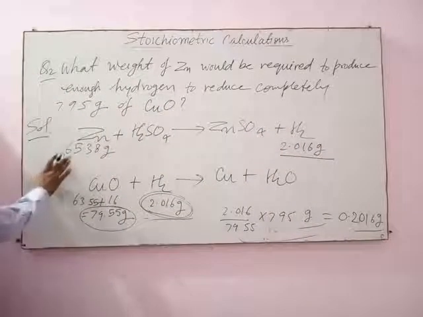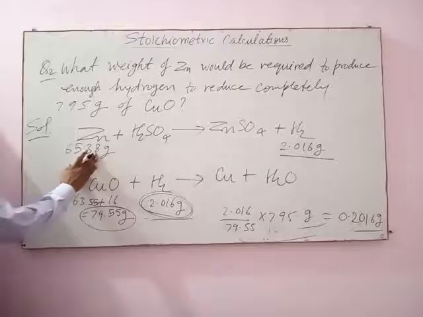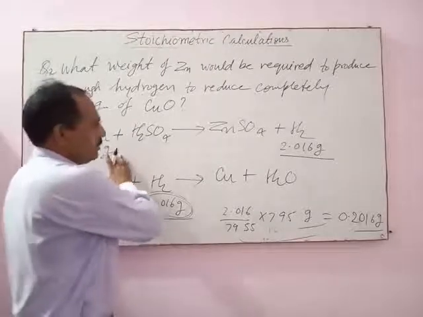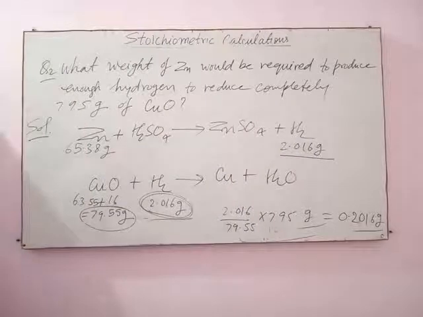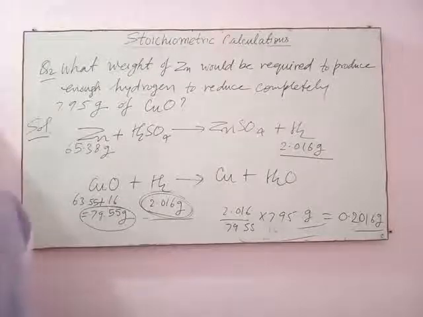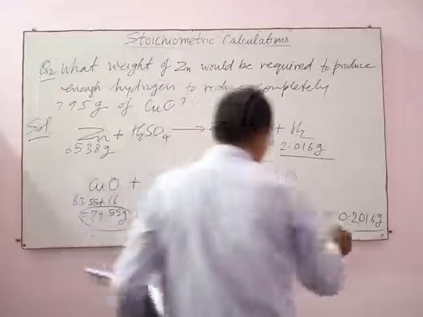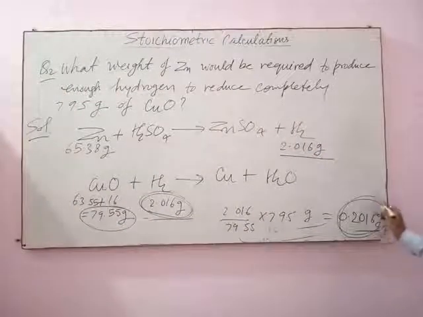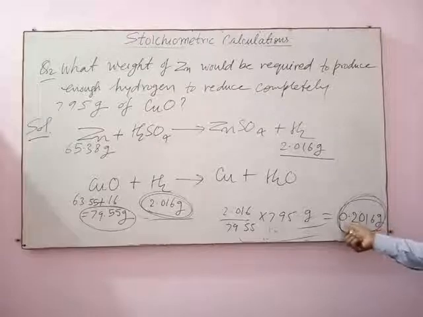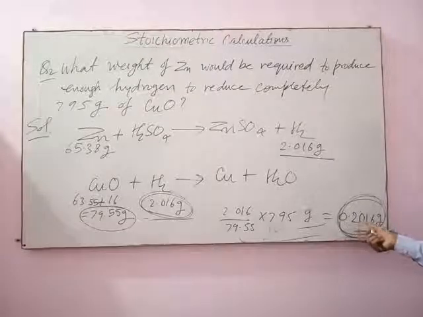Means 65.38 grams of zinc gives 2.016 grams of hydrogen. Okay. So how many grams of zinc is required to produce 0.2016 grams of hydrogen.